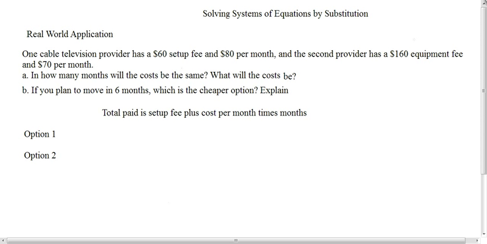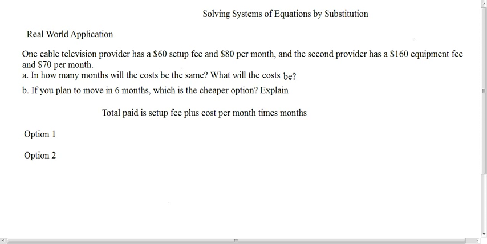So here we are being asked to determine how many months will the cost be the same and what will that cost be. And the second thing that we are required to do is, if you plan to move in 6 months, you live in the apartment now, and in 6 months you'll be gone, what is the cheaper option, and explain.